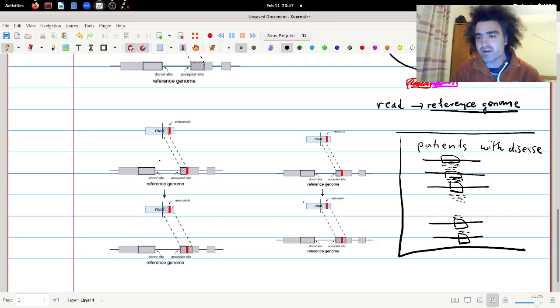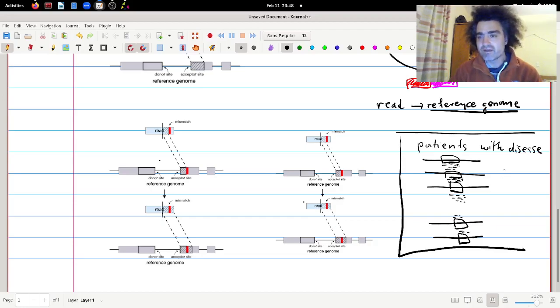This means that for people that have the disease, the expression level of this gene is affected and is highly expressed compared to the people that do not have the disease. Or vice versa. It might be low expression here and high expression here. But we care only about these genes whose expression level is differentiated because of the disease.